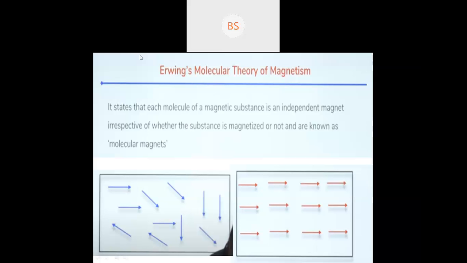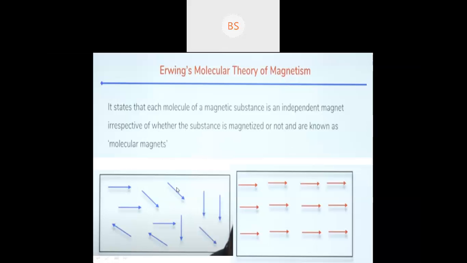The statement says that each molecule of a magnetic substance is an independent magnet, irrespective of whether the substance is magnetized or not, and they are known as molecular magnets.